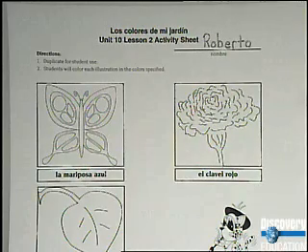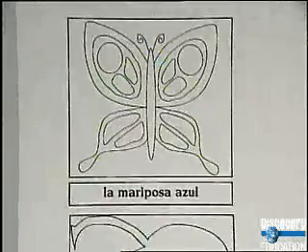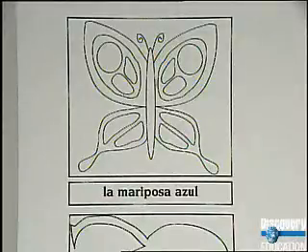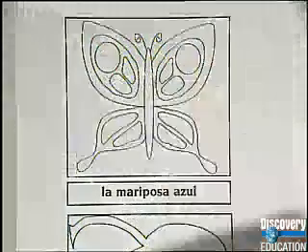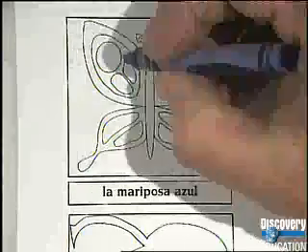Well, let's look at this first one here. La mariposa azul. Red is rojo, green is verde. Oh, blue azul. So I'm going to take my color blue and I'm going to color the mariposa.